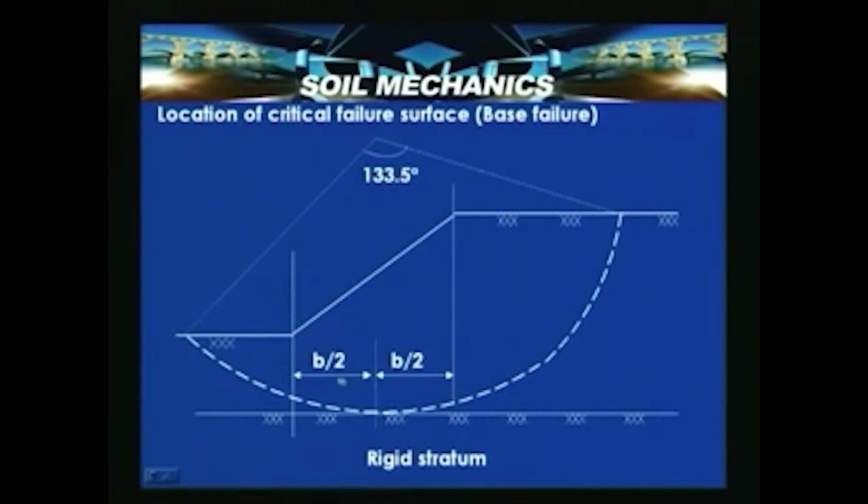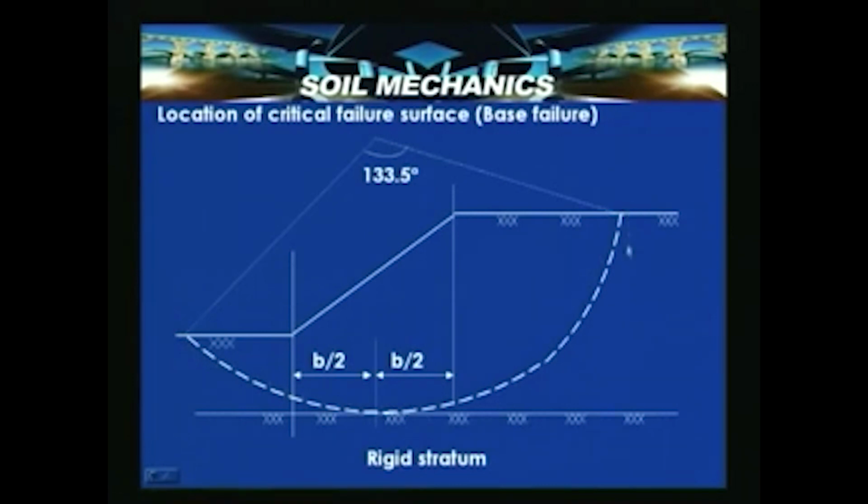So, if this slope distance is marked and the horizontal distance is, say, b by 2 and b by 2, what we can get is that at a distance b by 2 and b by 2, if you locate a line along this line, if you draw a line and set these points x1 and x2 in such a way that the angle is around 133.5 degrees. This is assumed.